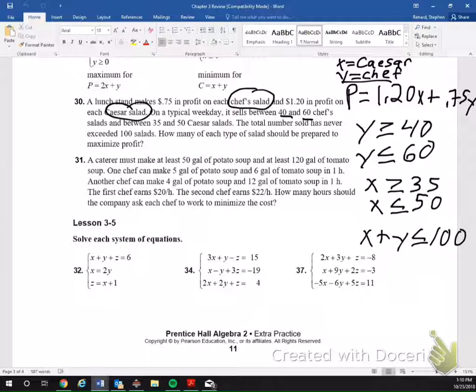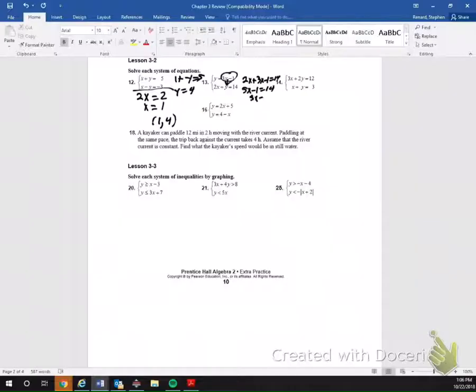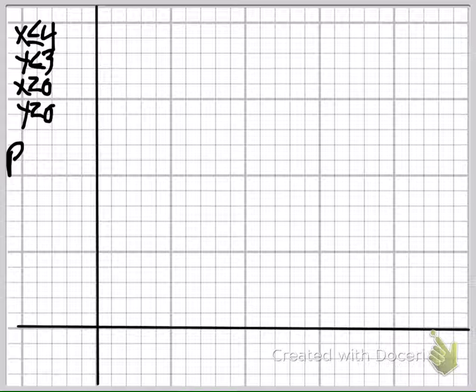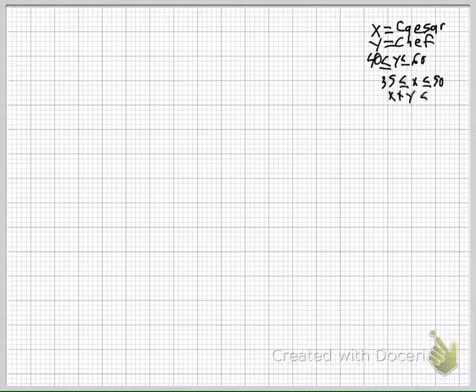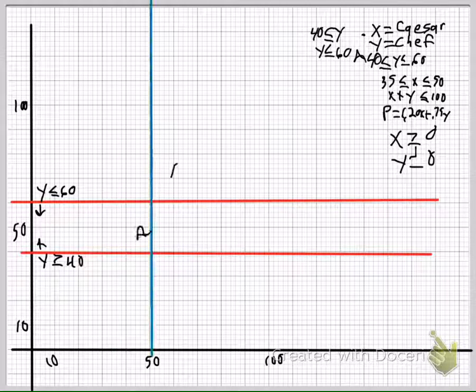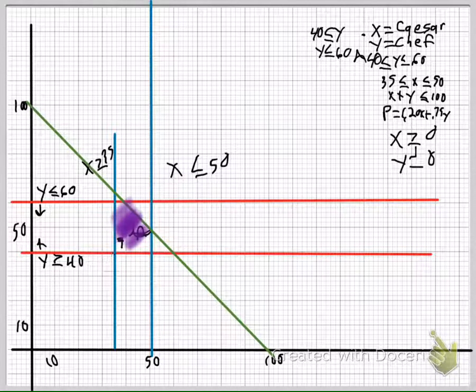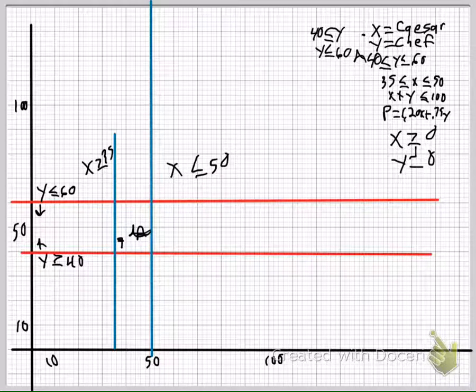So if I go back to here, that's where we were before, right? So these lines, the red lines, are the limitations on my chef salad. And these blue lines are on my Caesar salad.